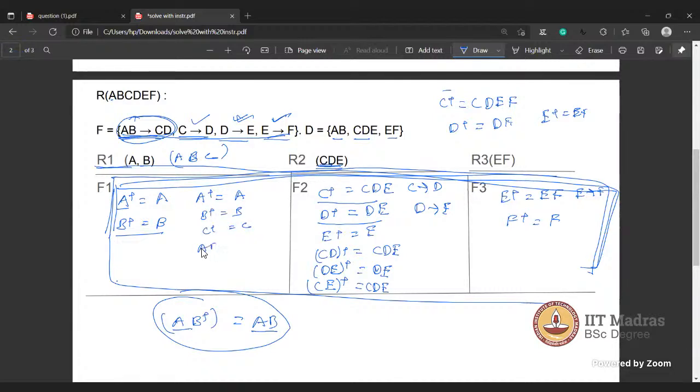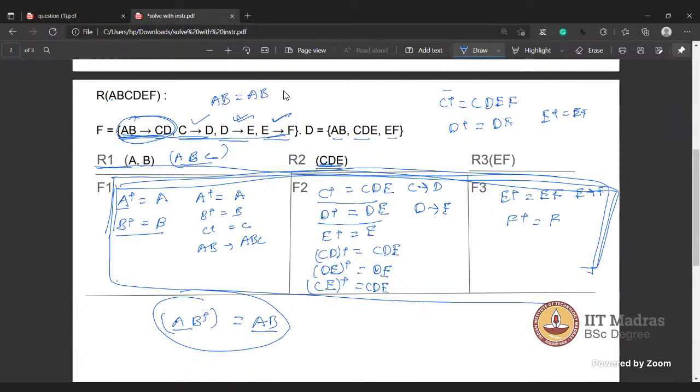What will be the AB closure? AB. Yeah, but we can say that ABC. So C closure will be C, D, E, F, no? Yeah, but you have to see which attributes are present in the R1 table. So only A, B, C is present. Okay, got it. So AB closure with the help of parent functional dependency, what will we get?